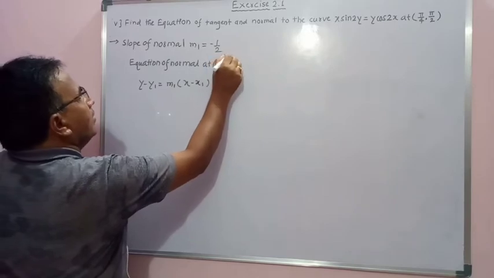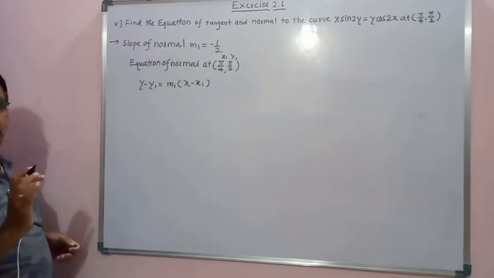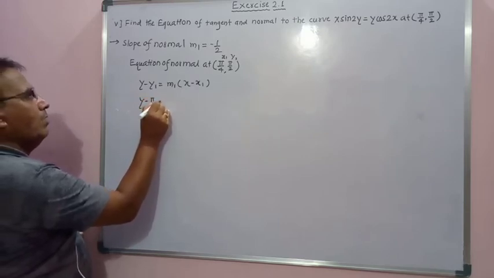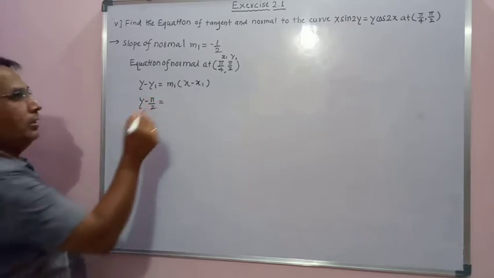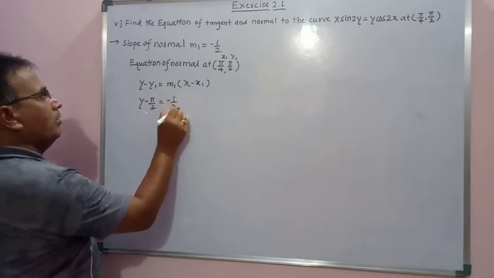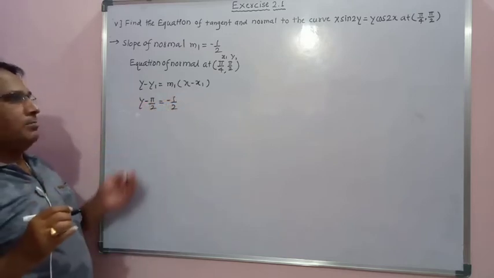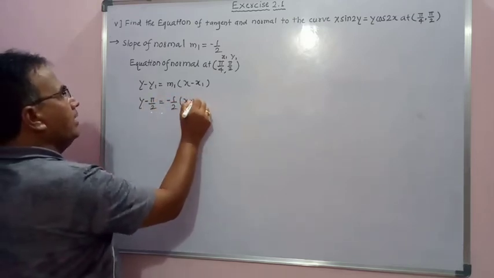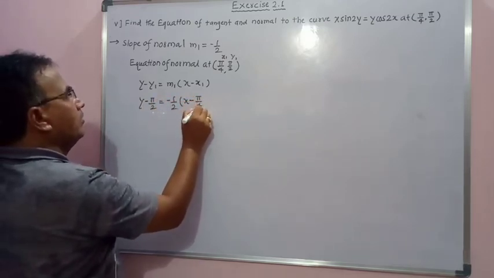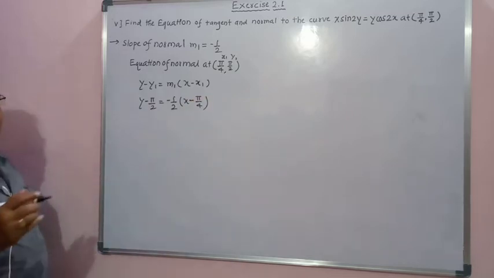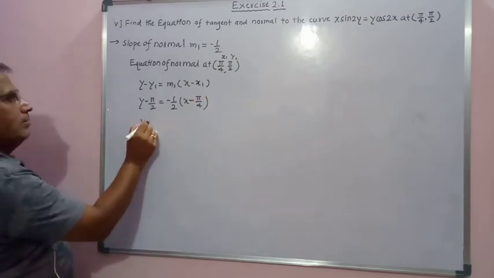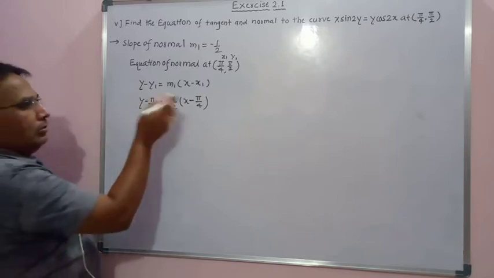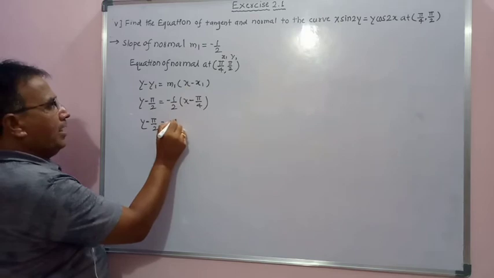This is the x1 and this is the y1. Therefore, y minus y1, that is y minus pi by 2, equals m1, the slope of normal. The value of m1 is minus 1 by 2 into x minus x1, where x1 is pi by 4. Therefore, y minus pi by 2 equals minus 1 by 2 into x minus pi by 4.